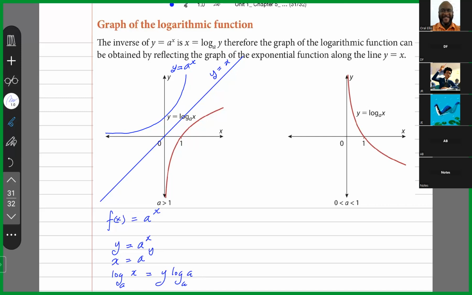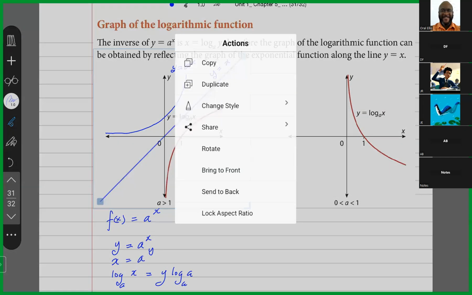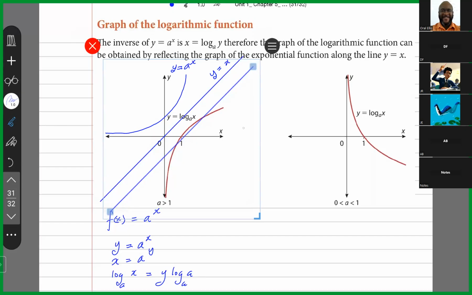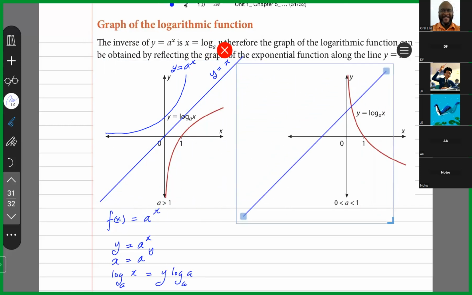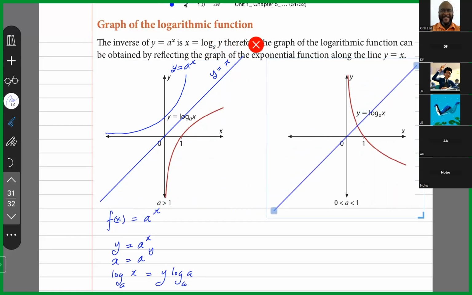And so this is for the graph on the left, when a is what? Greater than 1, a is positive and greater than 1. And the graph on the right is when a is a fraction, which is a is less than 1 but greater than 0.